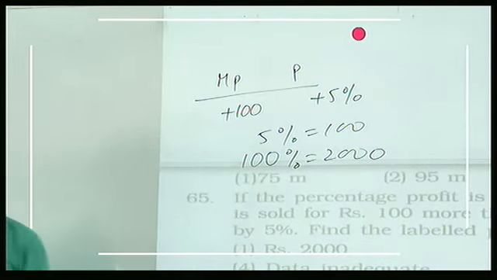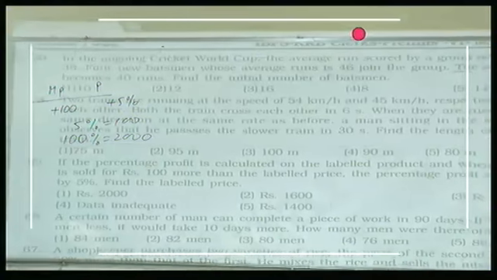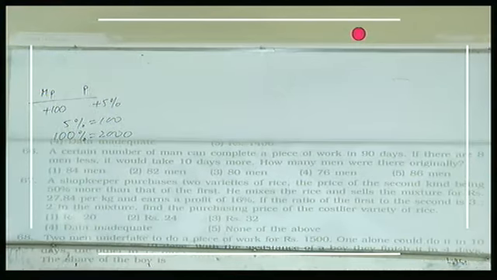66. A certain number of men can complete a piece of work in 90 days. If there are 8 men less, it would take 10 more days. How many men were there originally? You can use M1, D1, M2, D2. Certain number of men, X men, can do it in 90 days.